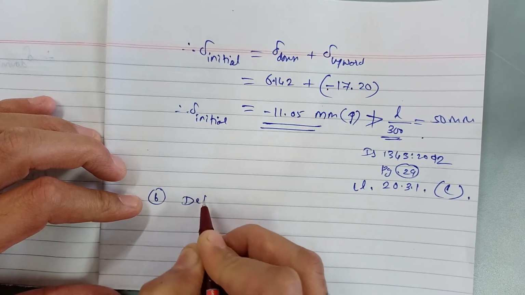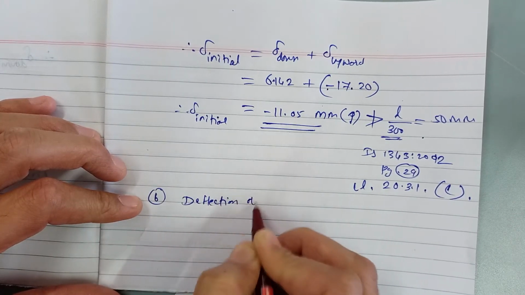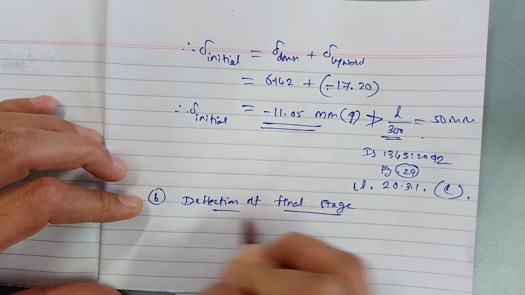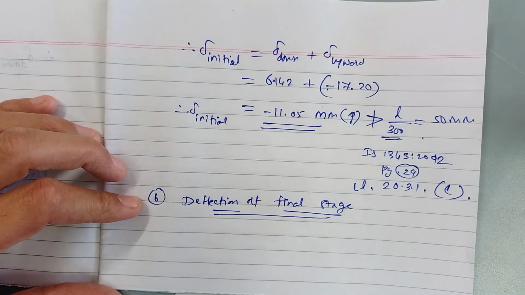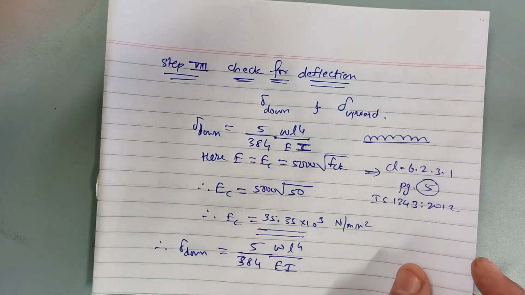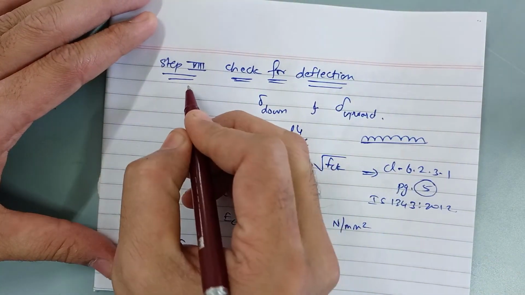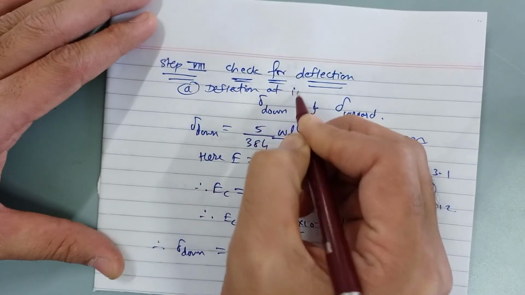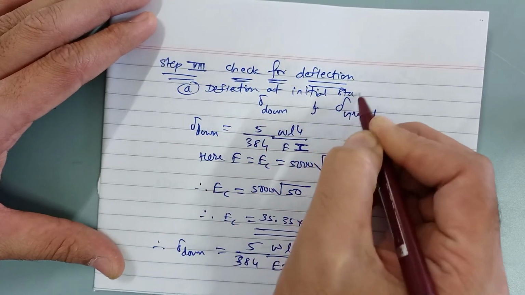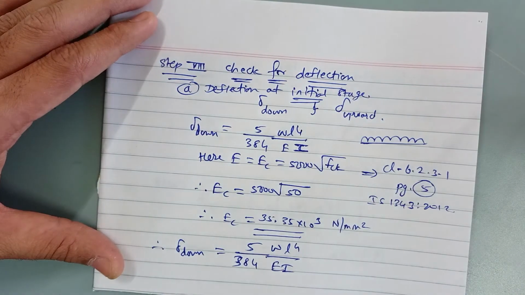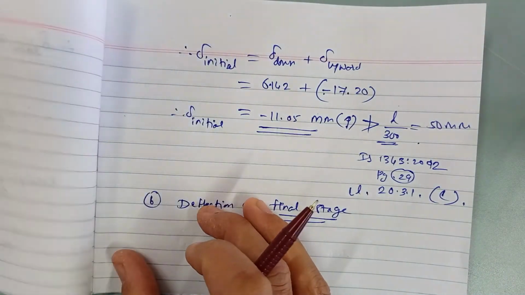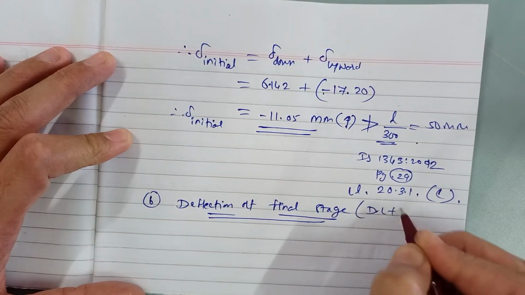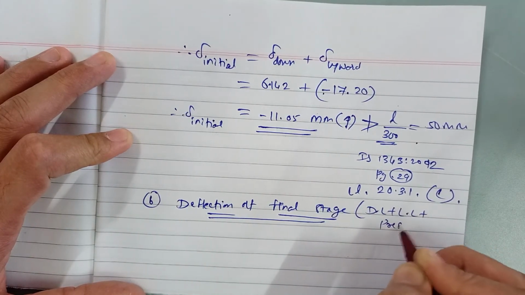Now, deflection at final stage. This was deflection at initial stage, and now we are determining deflection at final stage, that will be due to dead load plus live load plus pre-stress.